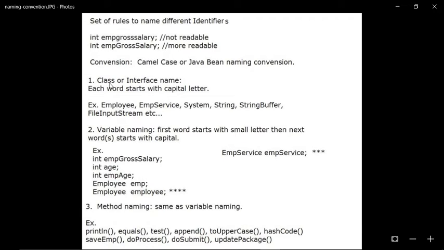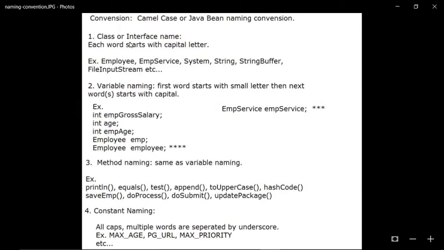So let's begin with the class name. A class or interface should be declared with capitalized words, meaning each word starts with a capital letter. For example, when you have a single word in your class name, like Employee, you can directly write it.